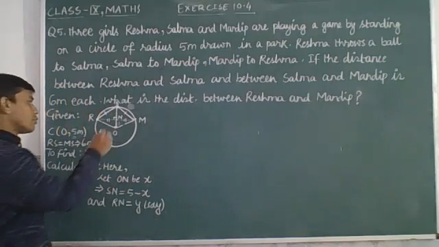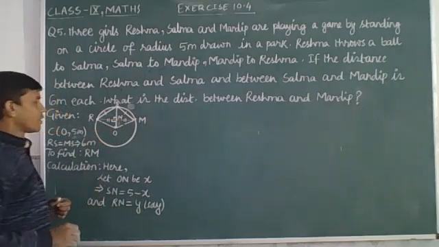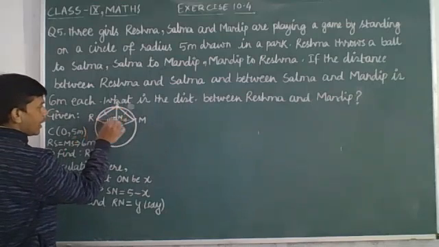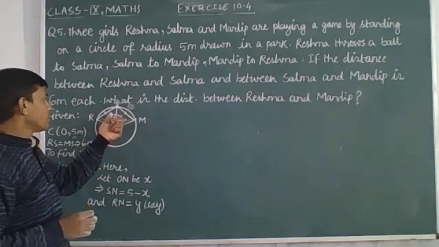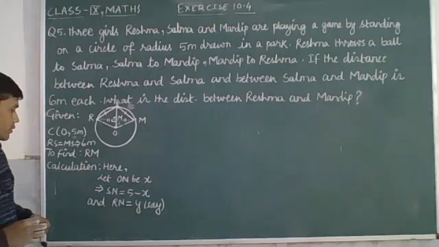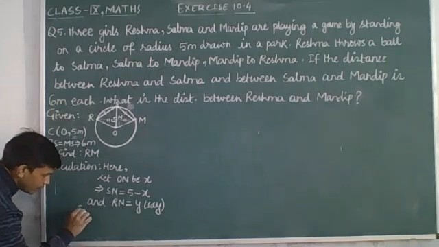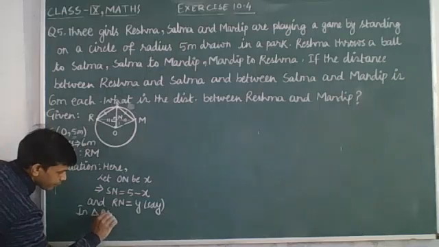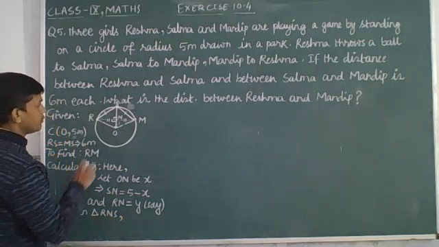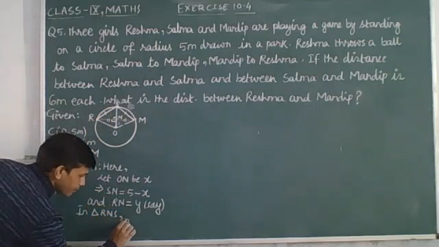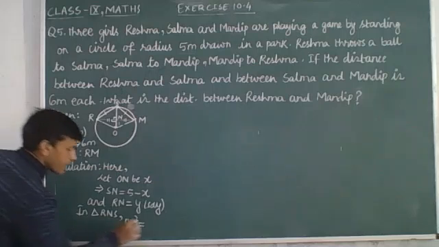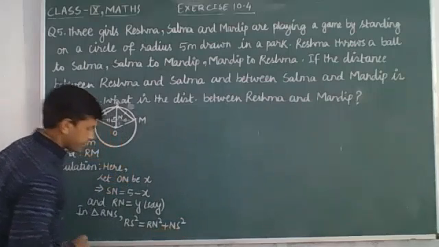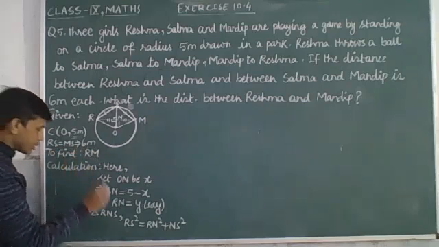So here in the figure you could observe that we have two right triangles which are better to observe, RNS and RNO. So let's observe this right triangle RNS at first. In right triangle RNS, using Pythagoras theorem, we have RS square equals RN square plus NS square, where RS is 6 meters.